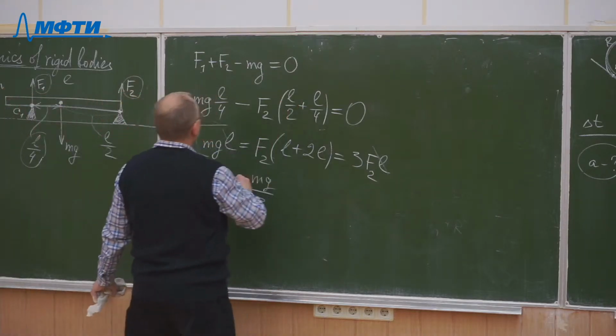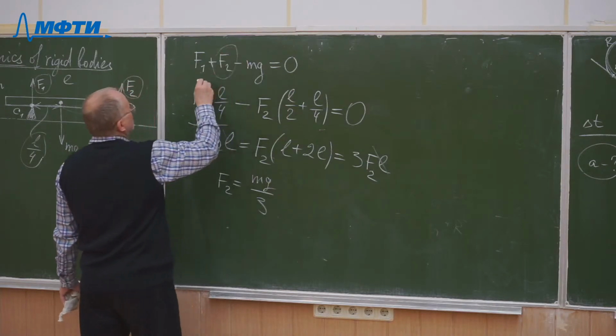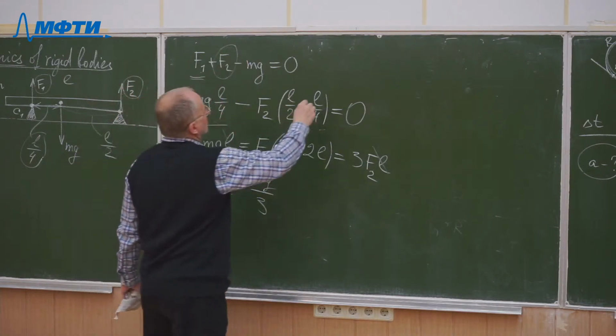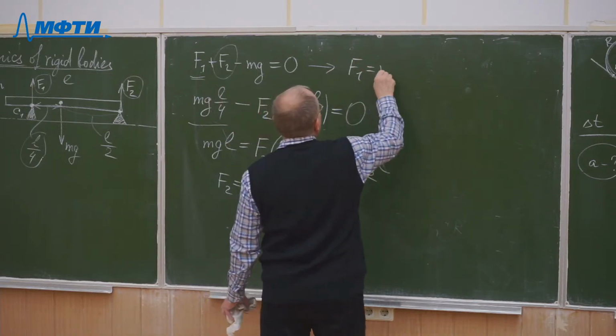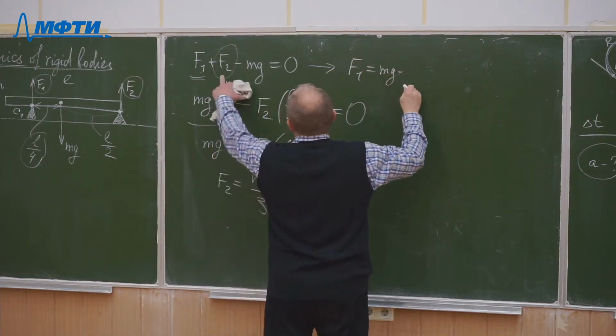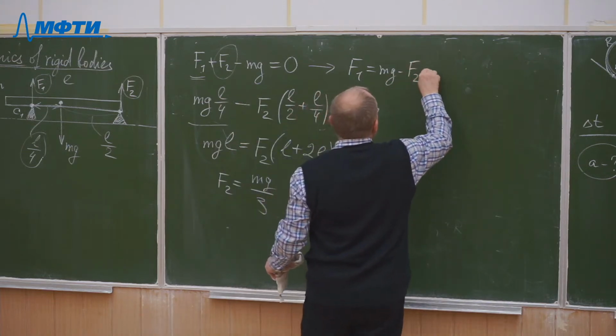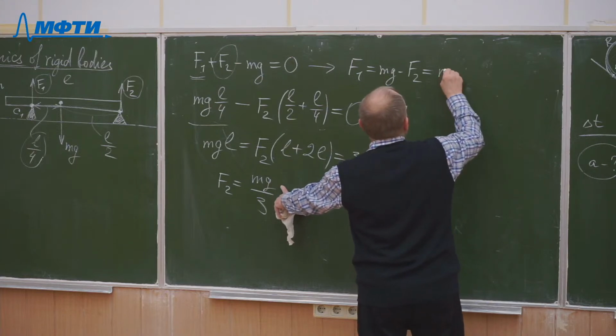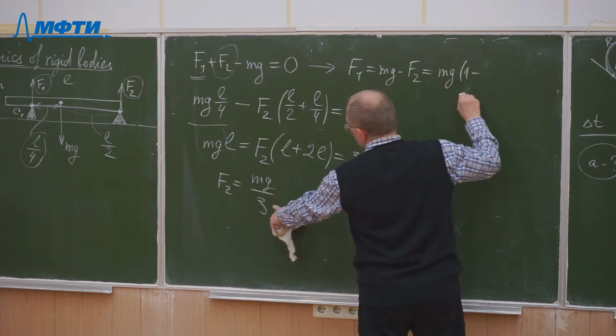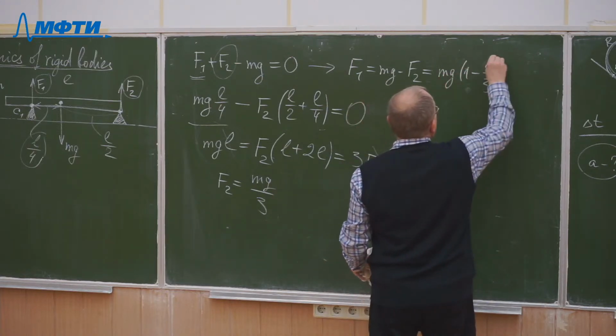Okay, as I know F2, I can immediately find F1 from here. From here, F1 turns out to be mg minus F2, which is mg times 1 minus 1/3.